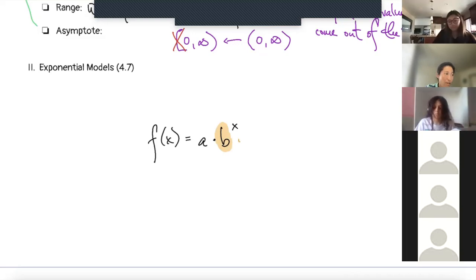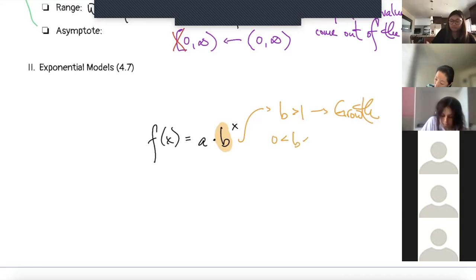We said earlier that if b is greater than 1, we'll end up with a growth function, and if b is between 0 and 1, we'll end up with a decay function.